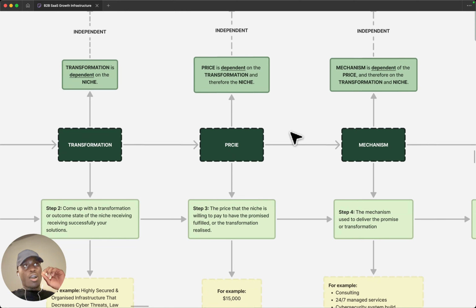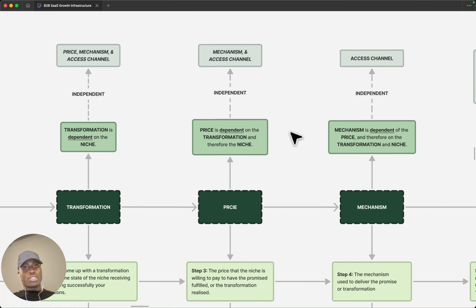Depending on the problem you're solving with that exact transformation, the client will be paying more or less. The client will pay you a lot of money if you're solving huge problems for the business. You have tiers of problems: tier one, tier two, tier three. Depending on the tier, the client is willing to pay more. And this is independent of the mechanism and the access channel.